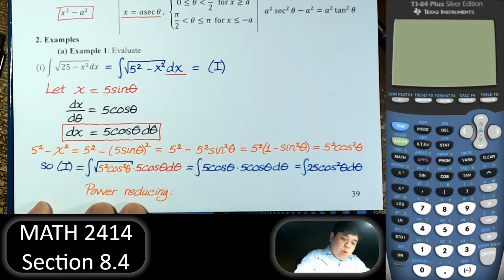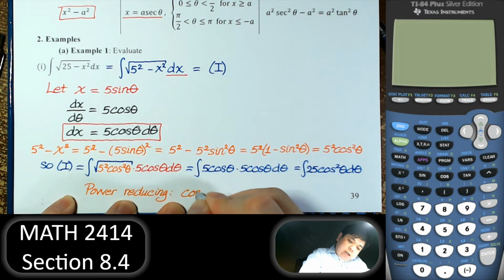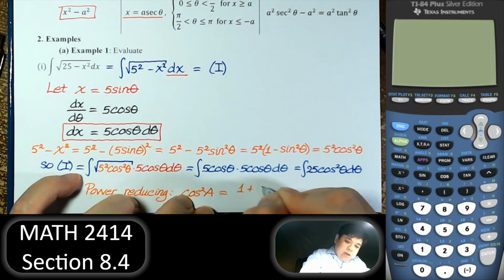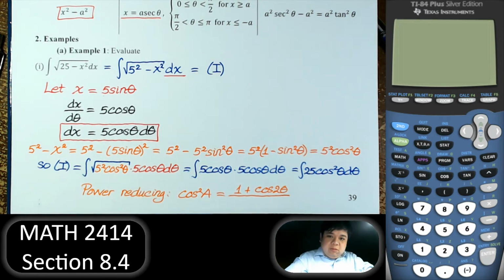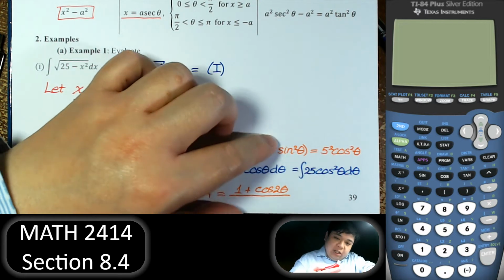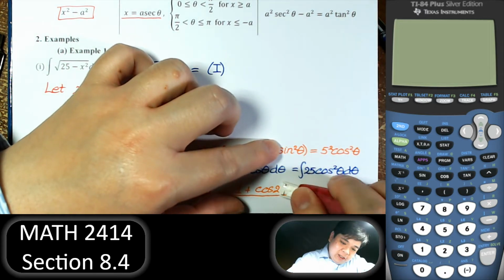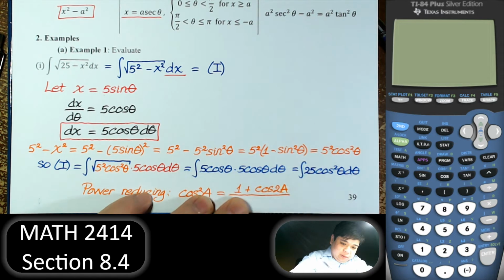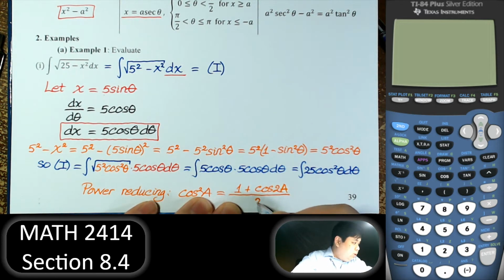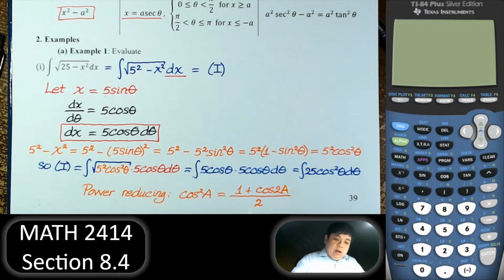When we have cosine squared, cosine squared of a is 1 plus cosine of 2a over 2, and we're going to apply that to cosine theta.